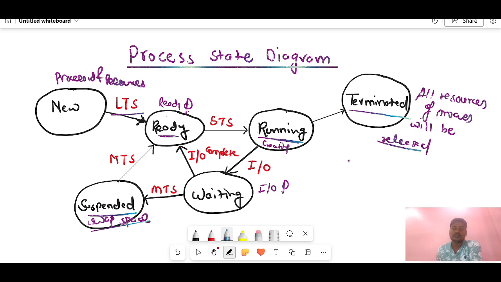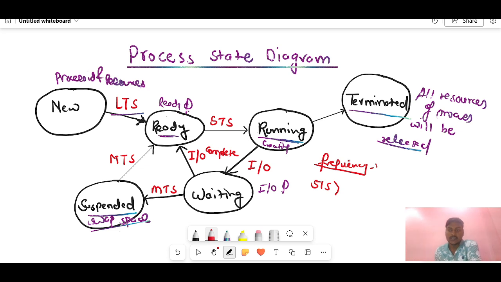Okay, so this is the process state diagram. Now if we talk about the frequency of the long-term scheduler, short-term scheduler, and middle-term scheduler: the short-term scheduler's frequency is the highest, because it moves the process from the ready queue to the running state and back to the ready queue.